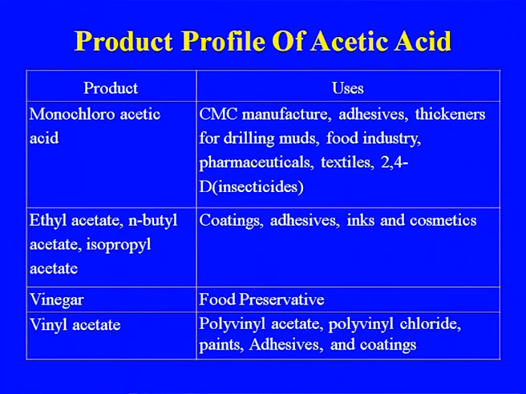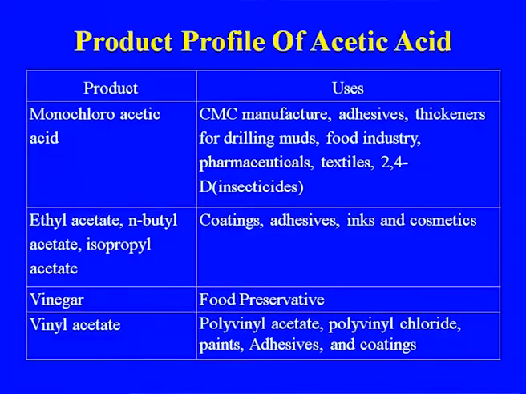These are some of the major uses of acetic acid: monochloroacetic acid, ethyl acetate, N-butyl acetate, isopropyl acetate, vinegar, vinyl acetate, and polyvinyl acetate. That was the name earlier of the Jubilant organization, VAM Organic.